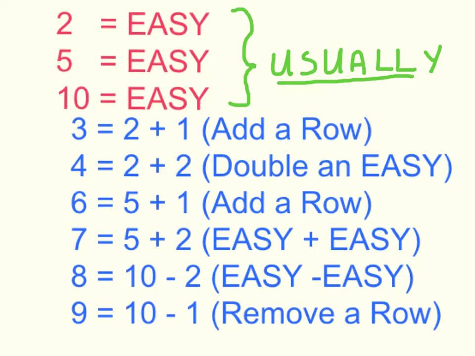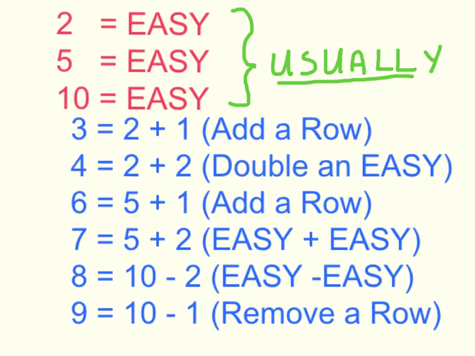The 2s, the 5s, and the 10s oftentimes are easier for students to master because doubling a number is something they're accustomed to doing. We have 5 fingers on one hand and we have 2 hands, so the 5s and the 10s become easy, usually.